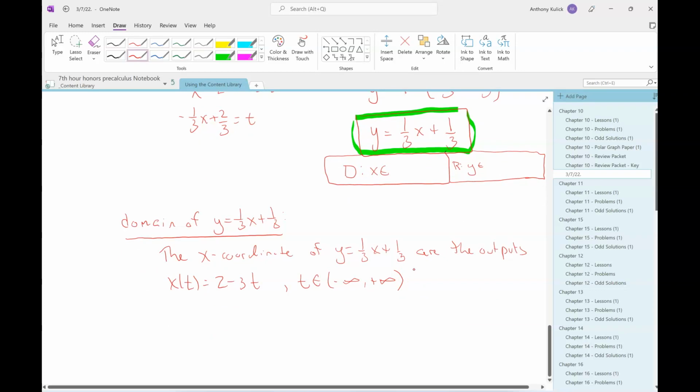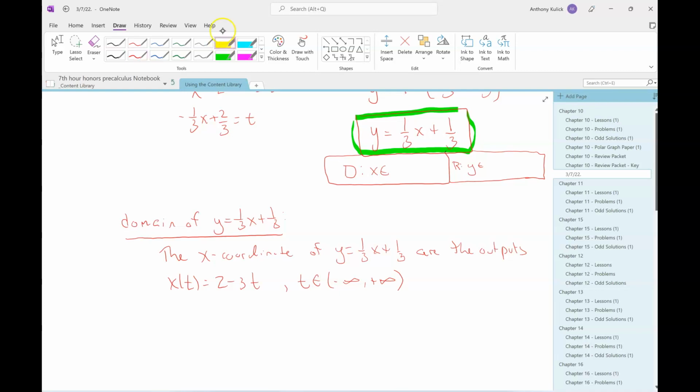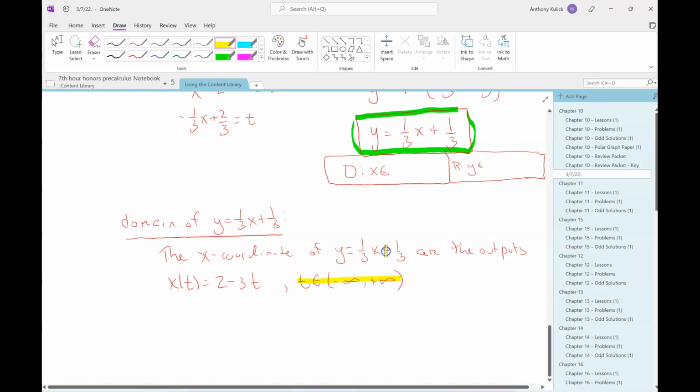Everybody's okay with that? Now, if the outputs of x of t give us the x coordinates for our Cartesian function, y equals 1/3 x plus 1/3, the inputs are the parameter, or the interval for the parameter.